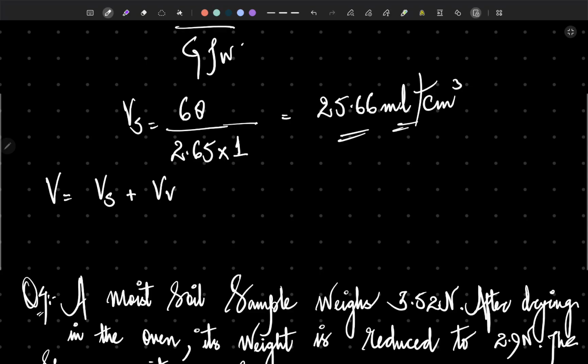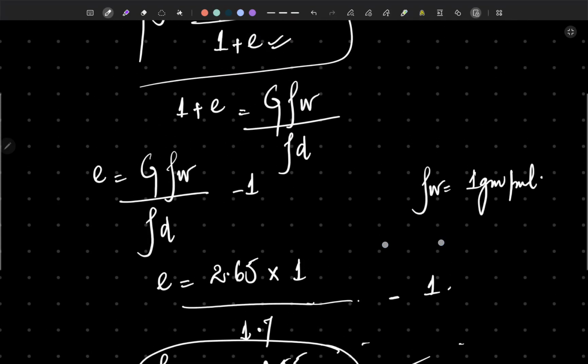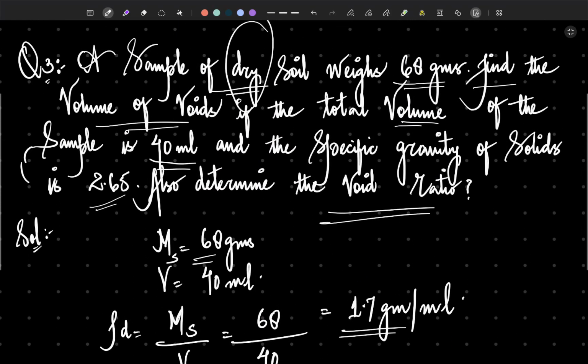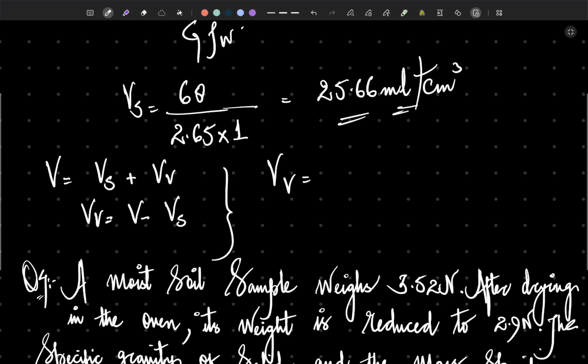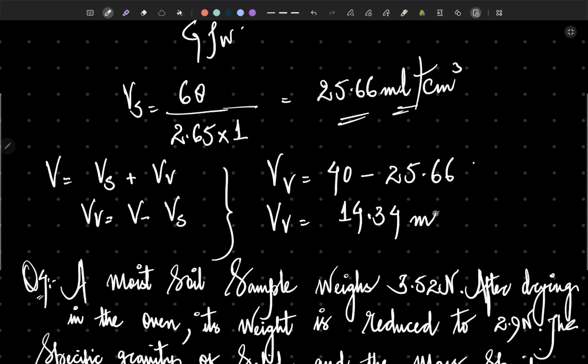So volume of voids is total volume minus volume of solids. Total volume, how much? It is 40 milliliters, minus the volume of soil solids that we have found, 25.66 milliliters. So volume of voids will be 14.34 milliliters.